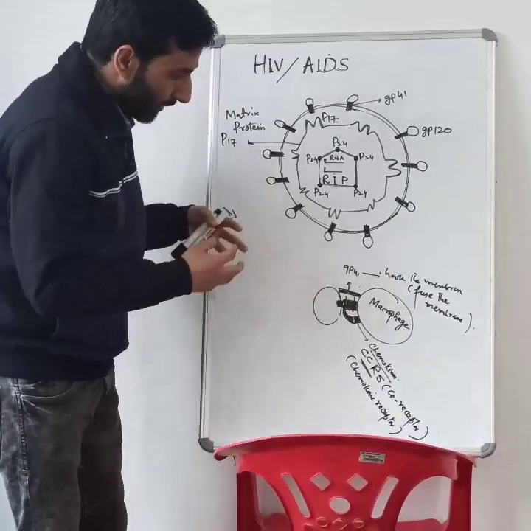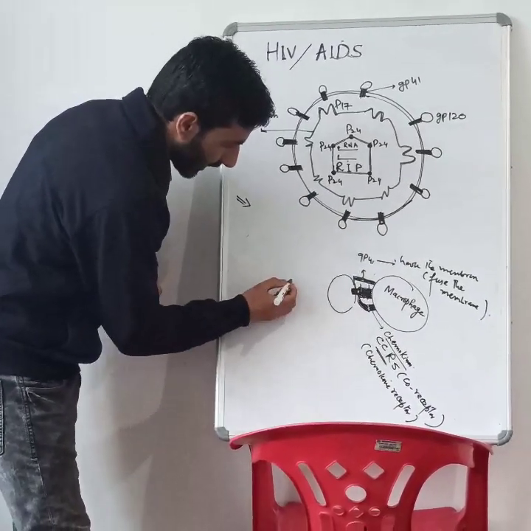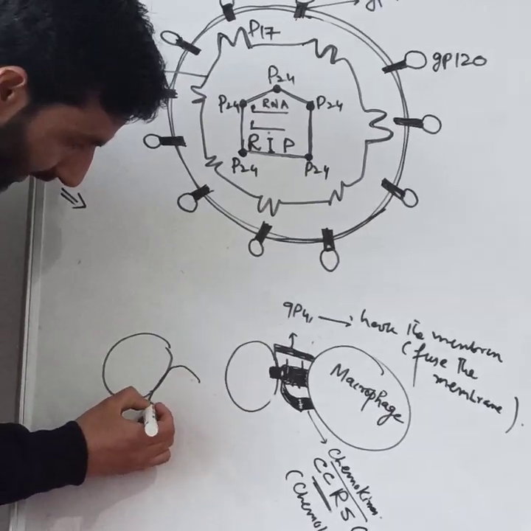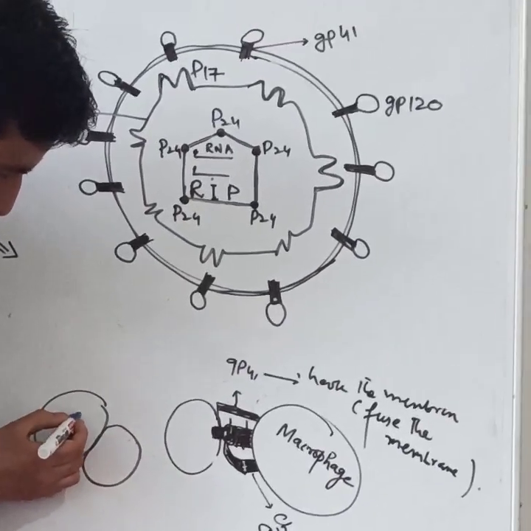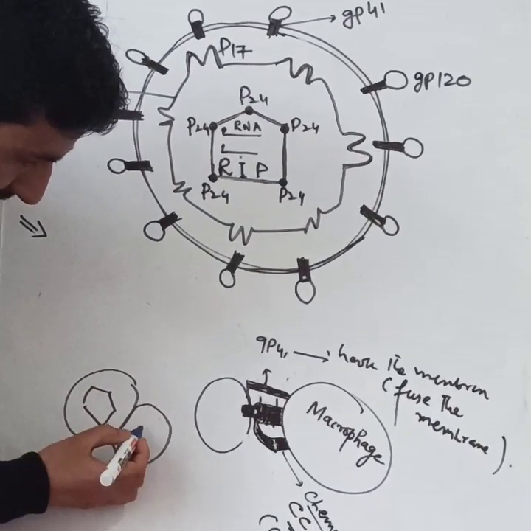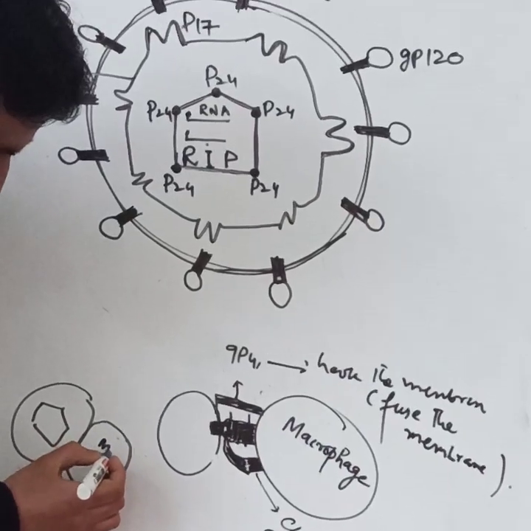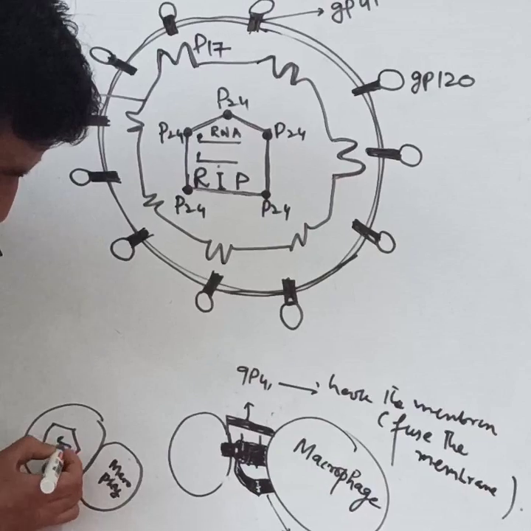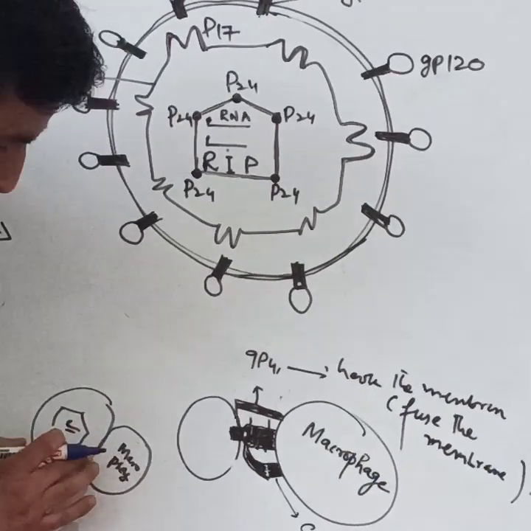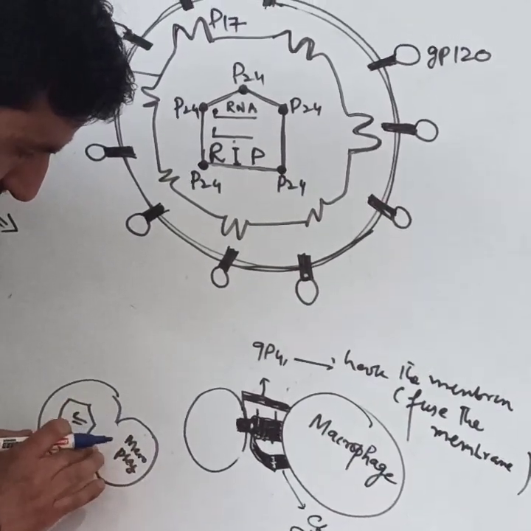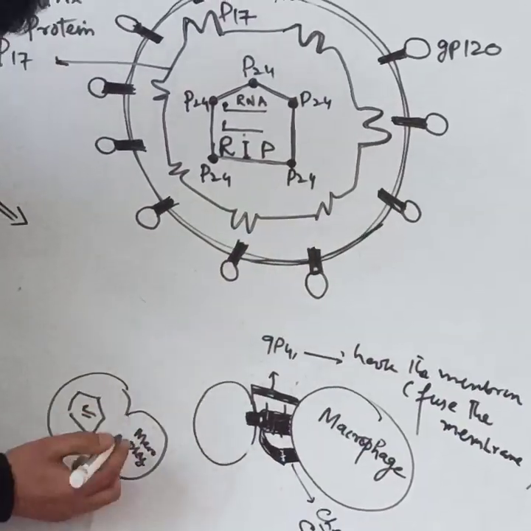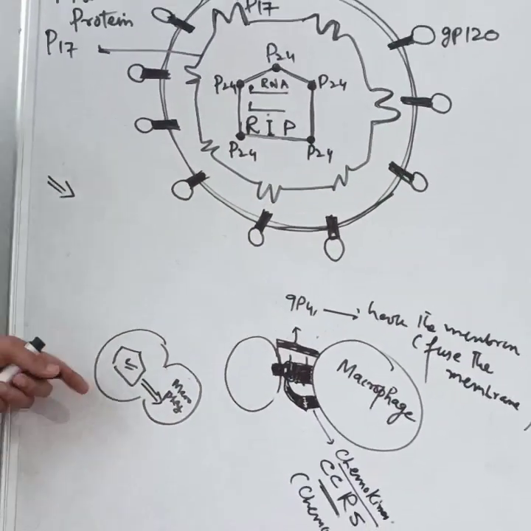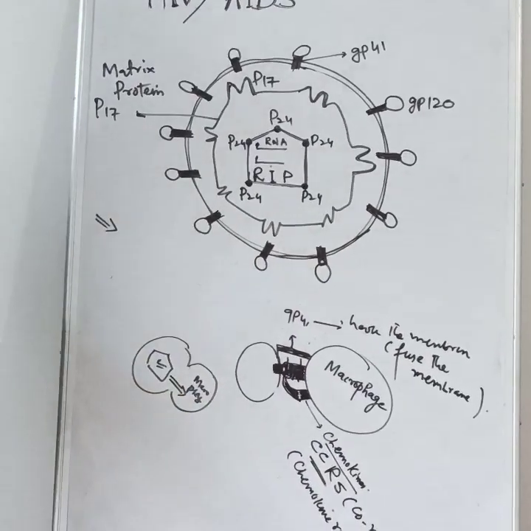So when the two membranes get fused, it's like that. Now they have fused together. This is the virus and this is the macrophage. When the two membranes fuse, they get dissolved, and the virus will enter into the host cell.